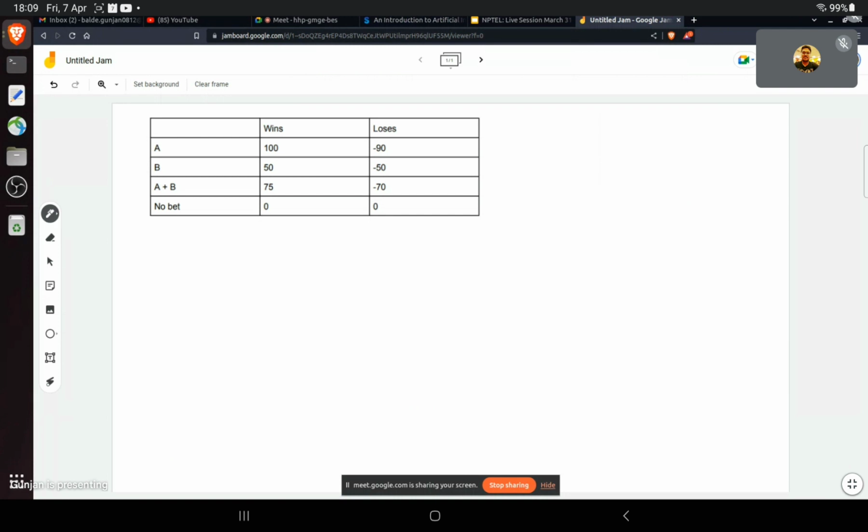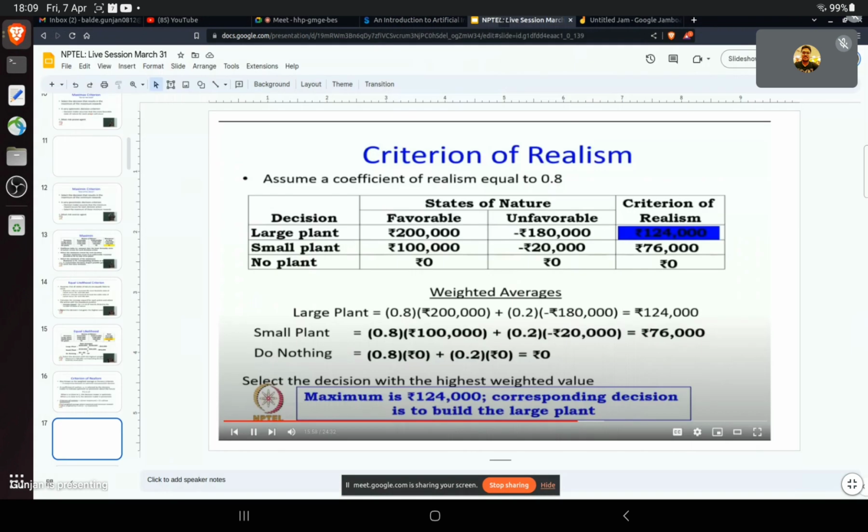Okay, so if we have alpha as 0.2, we get alpha times 100, so that is 20, plus 0.8 times minus 90, right? That is how we will do it, because we just saw that with a setting like this, we will pick this value.